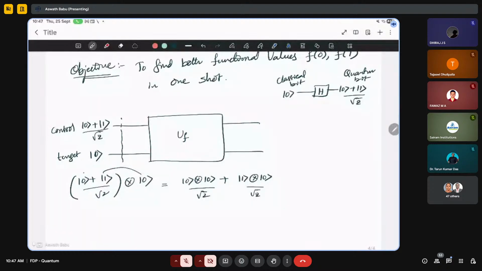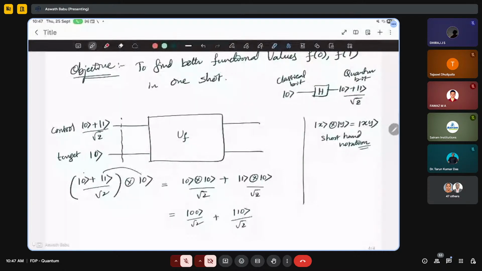Remember, there are shorthand notations. A tensor product between x and y is also written as xy. So in short form, we can write 00 plus 10 divided by square root of 2. People write that in shorthand notation.